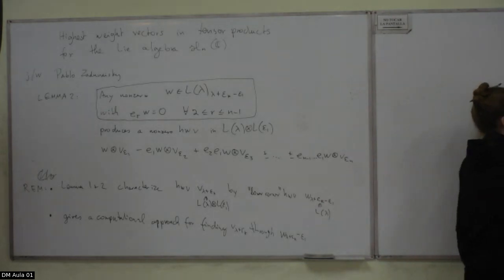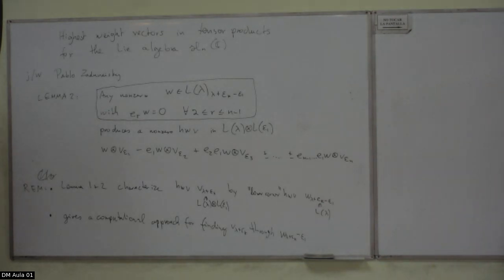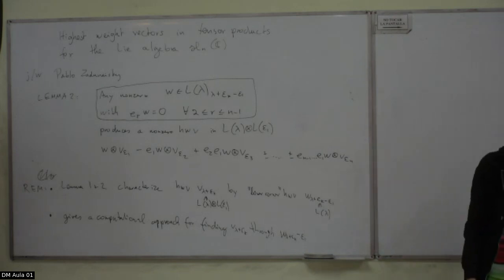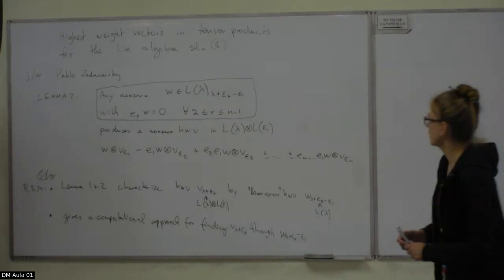Can I ask something? The condition lower corner highest weight vector on this lambda does not imply that it's a weight vector for. It is, sorry, it is a weight vector for everything.